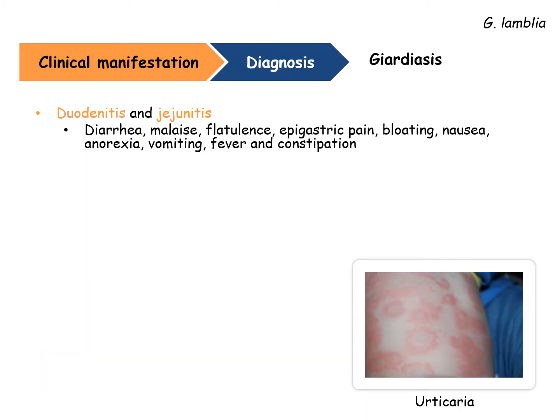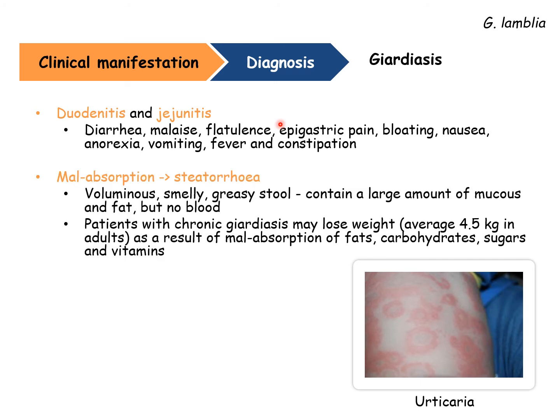The clinical manifestation of giardiasis includes intestinal and extraintestinal symptoms. In duodenitis and jejunitis, the patient may experience diarrhea, malaise, flatulence. In case of malabsorption, the patient may have steatorrhea, or in another term greasy stool. The stool is characterized by containing a large amount of mucus and fat, but there's absence of blood.